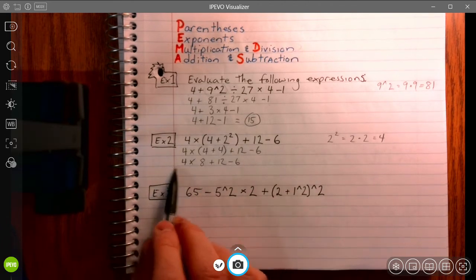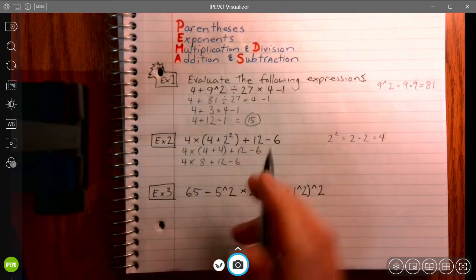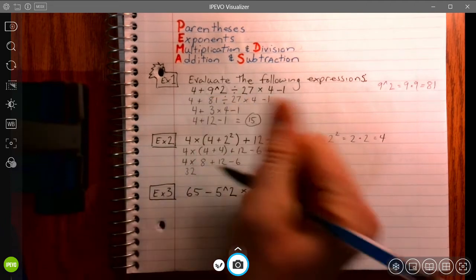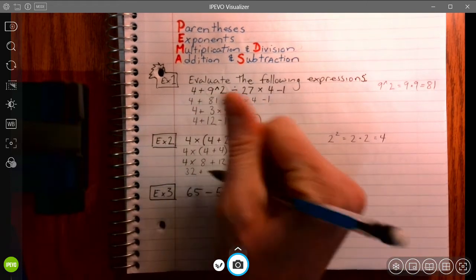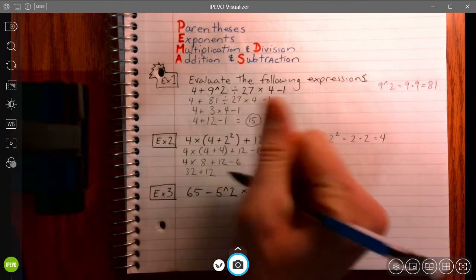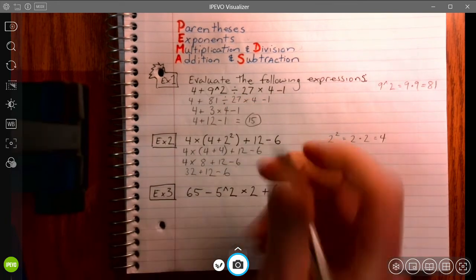Going from left to right, I've got 4 times 8, which is 32, plus 12 minus 6.